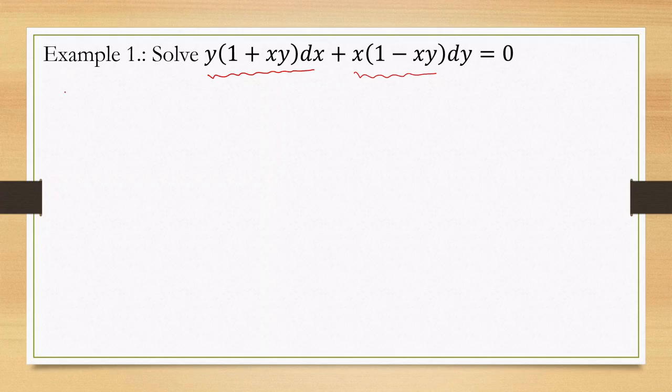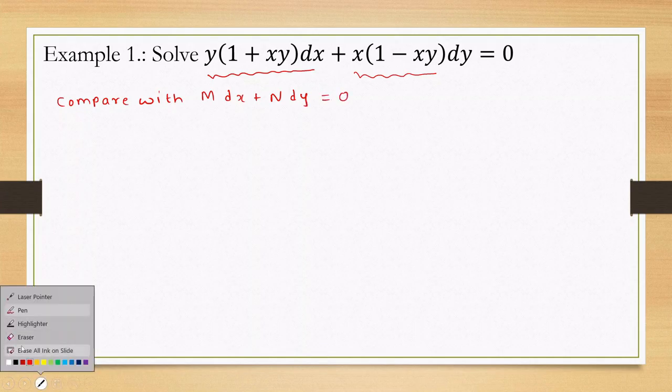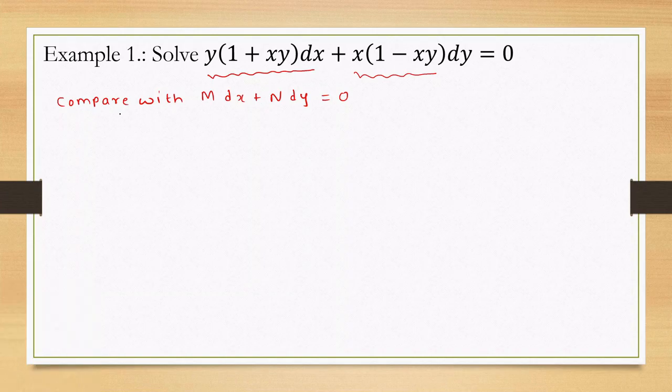Okay, so first of all, compare with M dx plus N dy is equal to 0, right? Okay, so let us see here. What is M? M is y into (1 plus xy) and N is equal to x into (1 minus xy), right?